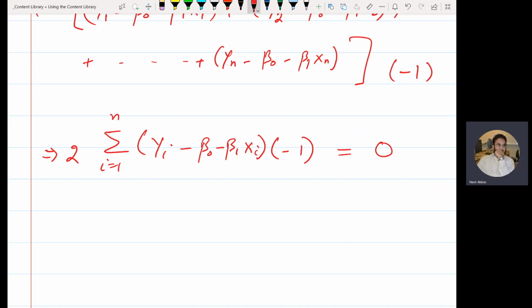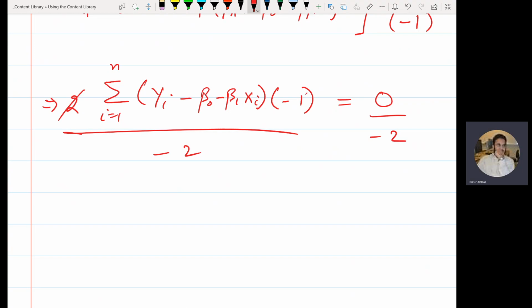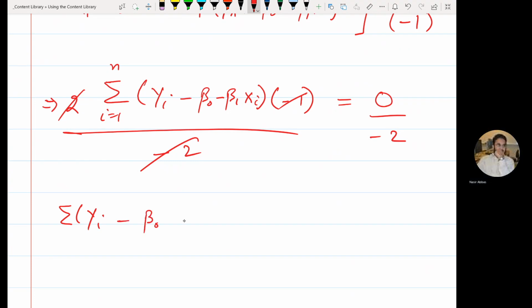So when we put it equal to 0, I can divide both sides by -2. Yes? So when I divide both sides by -2, this will cancel. And I will have summation yi minus beta naught minus beta 1 xi equals 0.